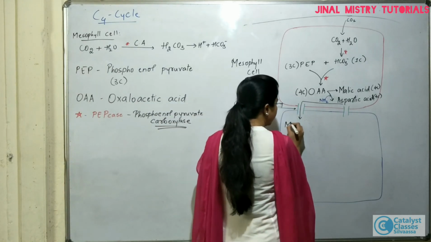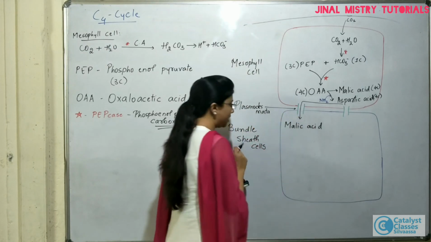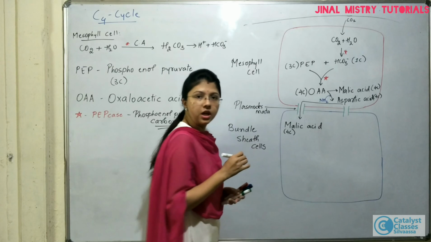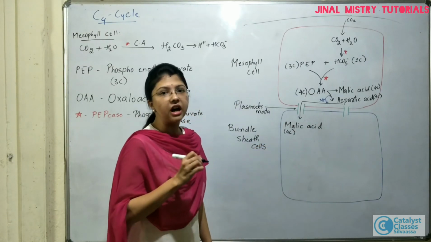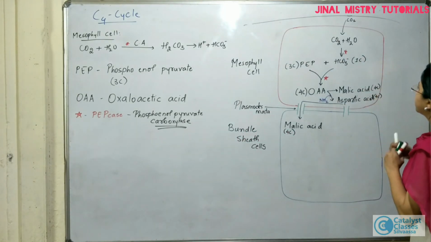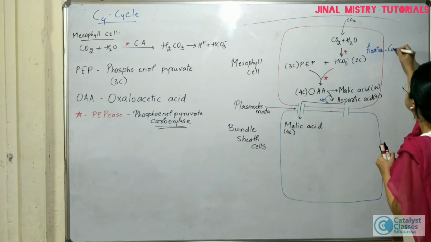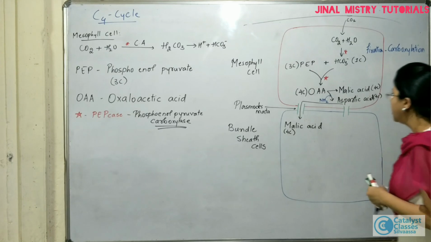So let us consider here malic acid entering into the bundle sheath cell. Again, as I said, malic acid is a 4-carbon compound. Here it will undergo the process of decarboxylation. Here, when carbon dioxide is fixed, fixation is taking place, which will also be called the carboxylation process, like that we had seen in the C3 cycle.